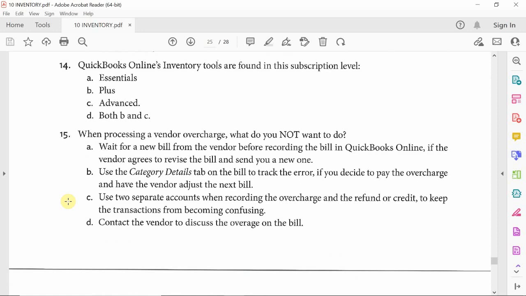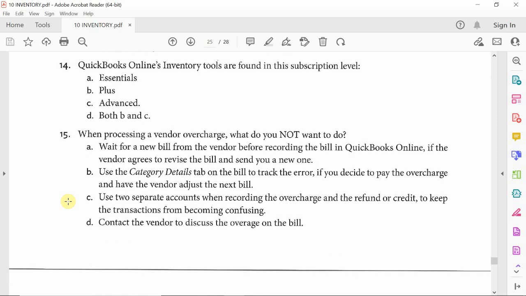Or B, would you use the category details tab on the bill to track the error? Or C, would you use two separate accounts when recording the overcharge? Or D, would you contact the vendor to discuss the overcharge on the bill?